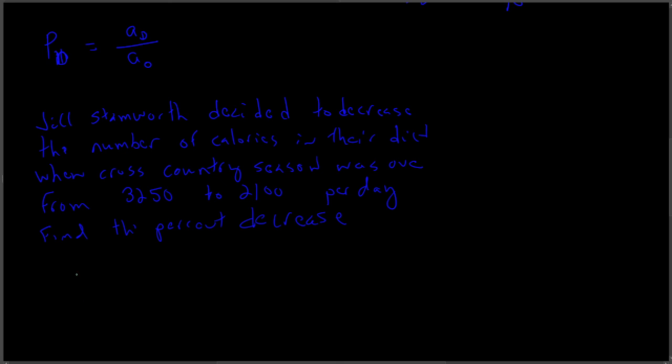So again, the percent decrease is the amount of the decrease divided by the original amount. In our case, the original amount, they're starting at 3,250 calories. And the decrease is, in this case, the original amount minus the final.